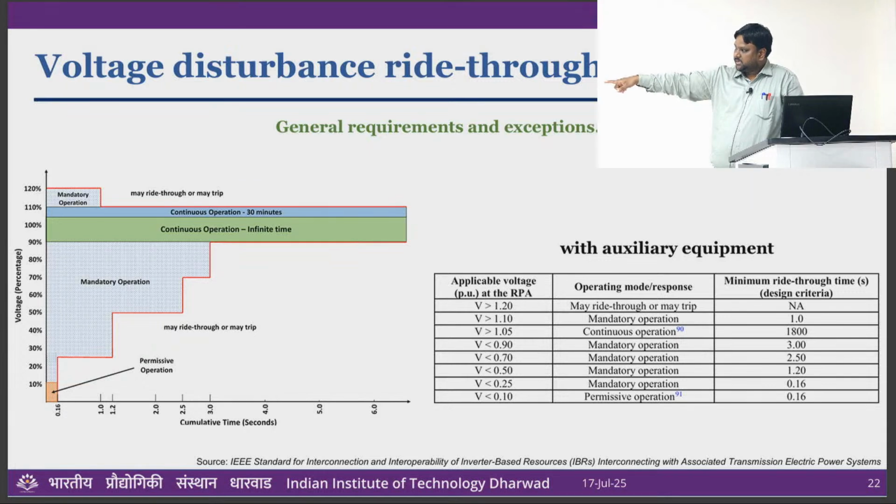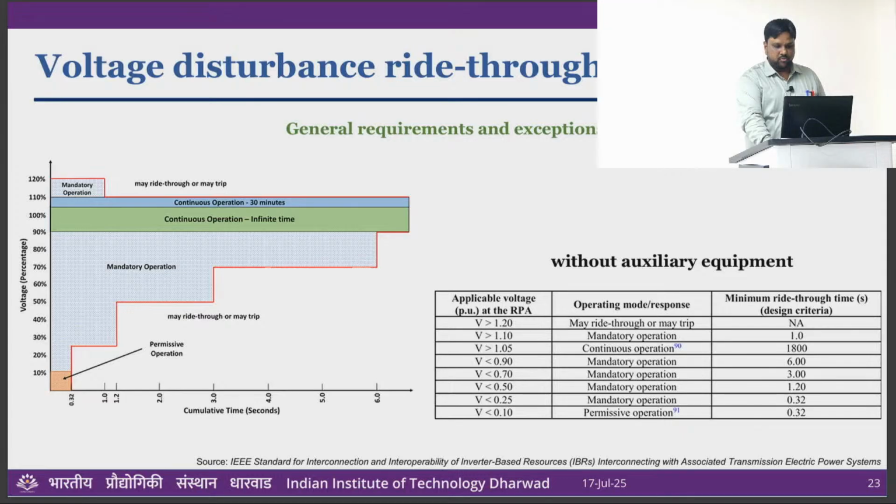There is a specific x-axis time. If the voltage falls to this magnitude, for this much time at least you stay connected. That functionality is called fault ride through. If the fault still persists after that, you trip. Grid people will tell you to trip. So there are different things there.